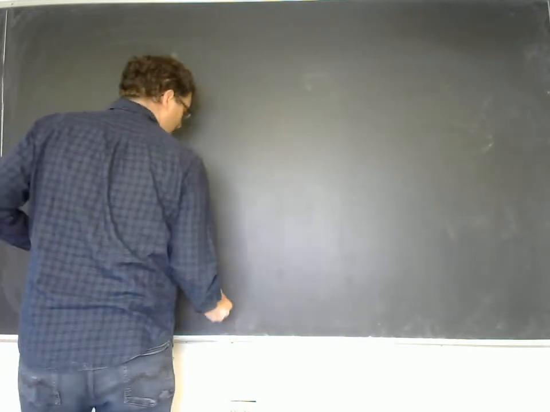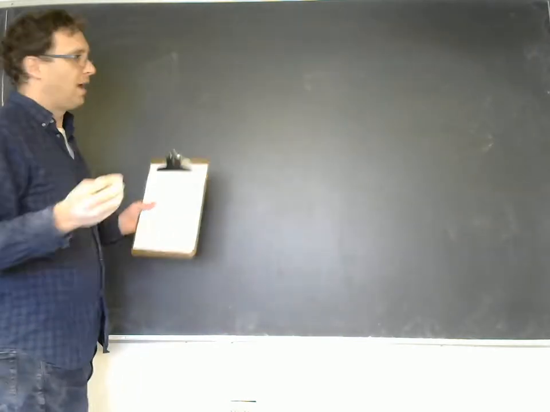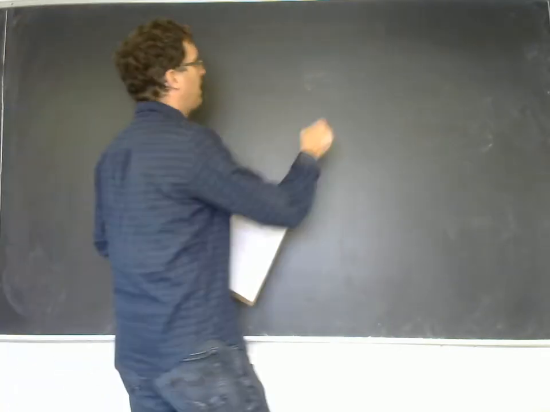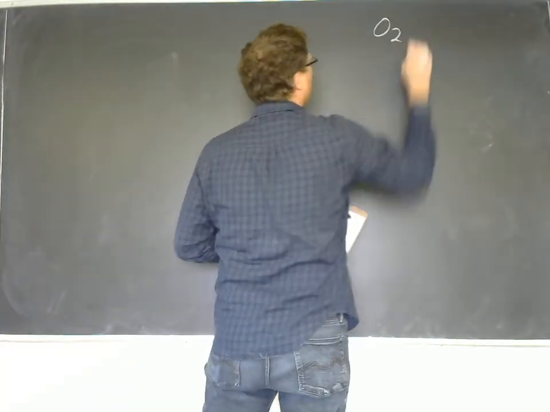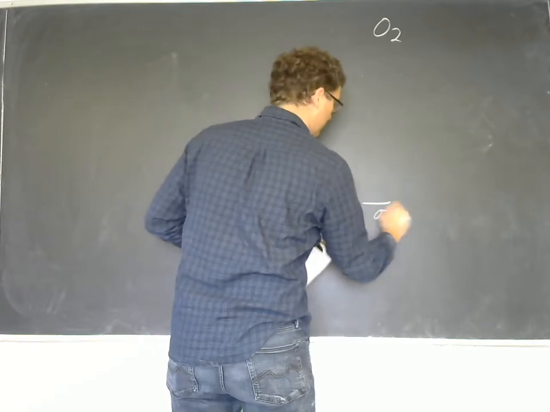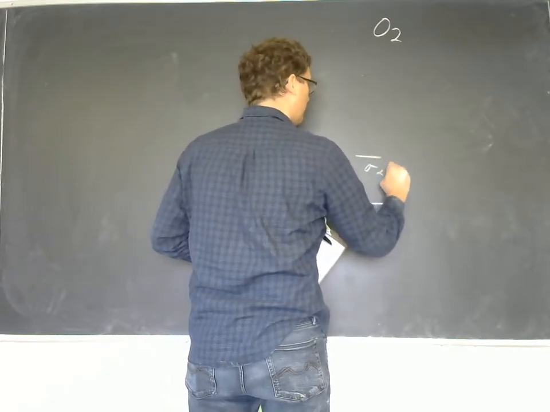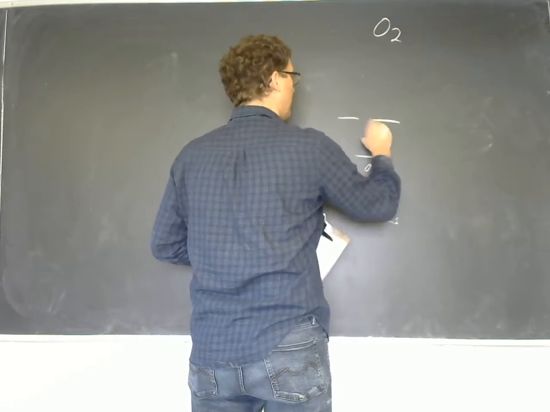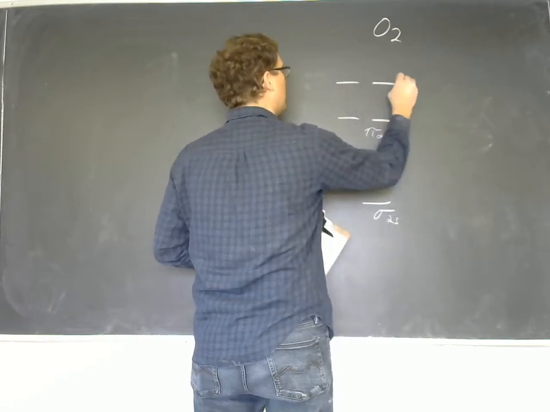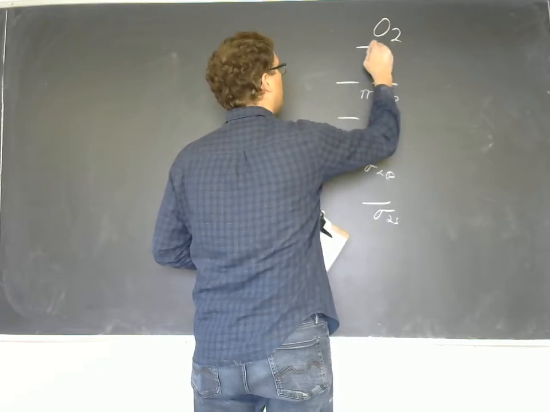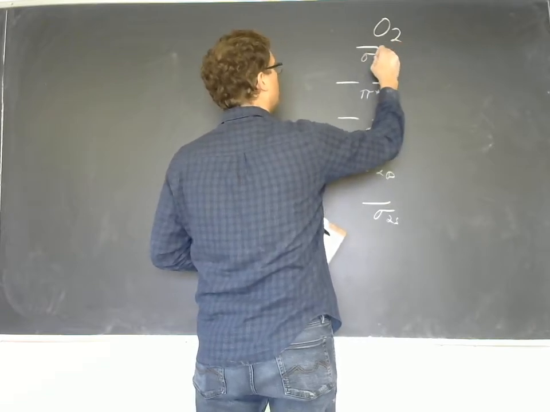draw one up here real quick. Let me, I think we have the time, let me just quickly make an analogy, right? So oxygen is going to have the sigma 2s, the sigma 2p, the pi 2p, pi star 2p, and the sigma star.